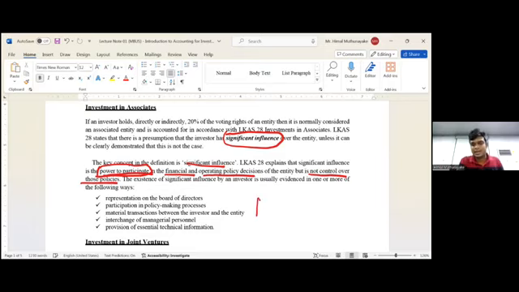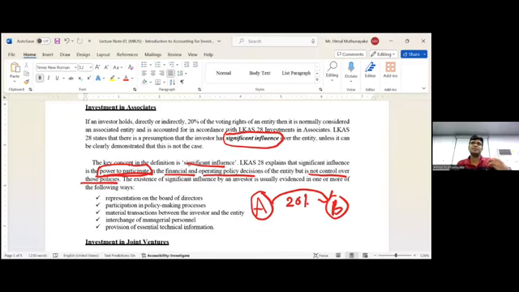Let's say I am the acquirer, and I'm acquiring 20% of the shares of company B. So now I have the power to participate in the financial and operating policy decisions. I can say something about the financial decisions.